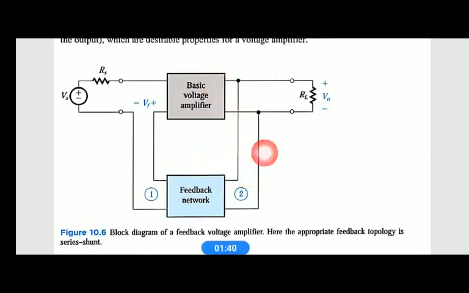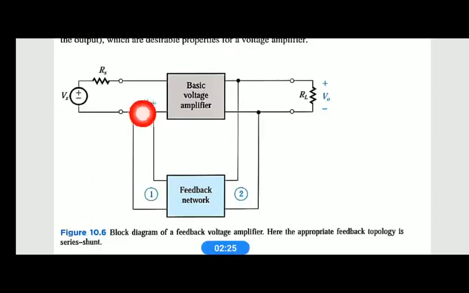The applied signal source Vs and Rs together form a Thevenin's equivalent circuit, which may be the Thevenin's equivalent circuit of a previous amplifier, or maybe an applied input voltage source.